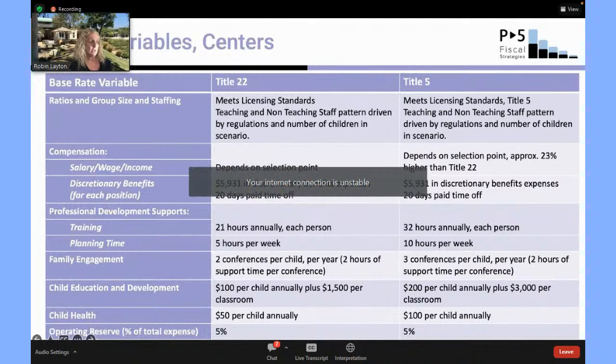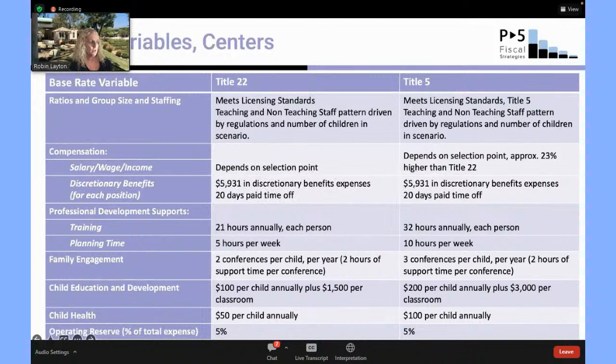And I believe for Title 22, 0 conferences are required. And the only time there's a requirement on training is to renew your permit, I believe 105 hours every 5 years. Right. So we're aware of how those things read in regulations, and this was part of the discussion of putting in base quality variables for those 2 things.